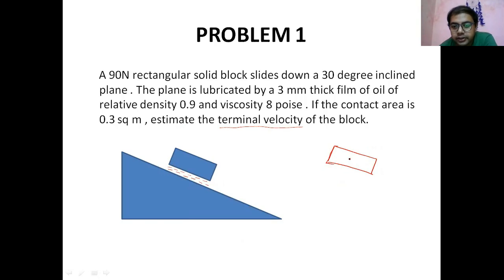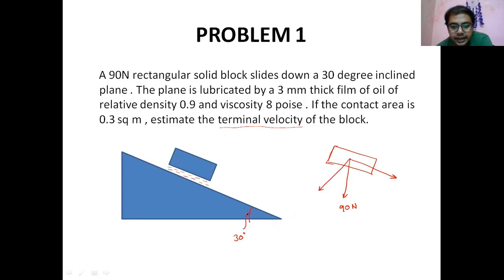It has its own weight, and that is 90 Newton. It is on an inclined plane, a 30 degree inclined plane. If you resolve this force in 2 directions, one direction goes along the inclined plane, and one is normal to the inclined plane.